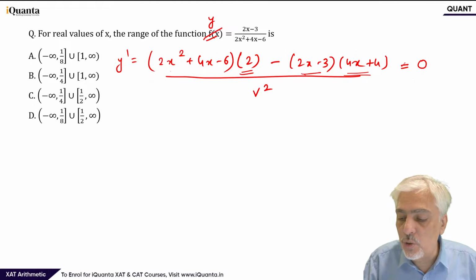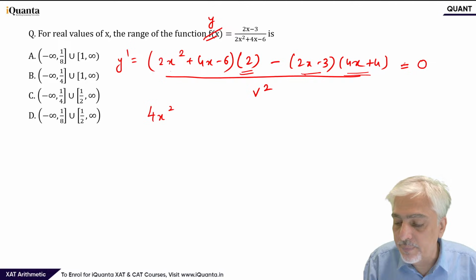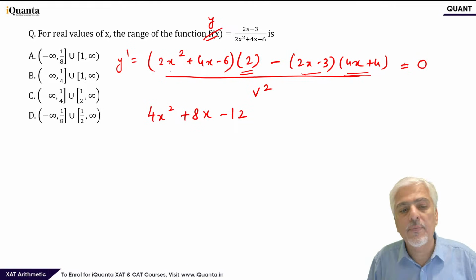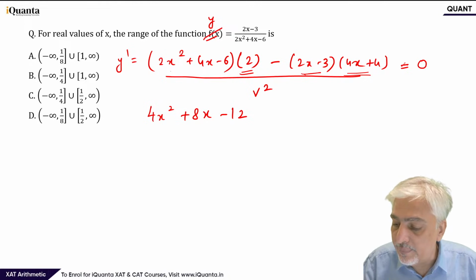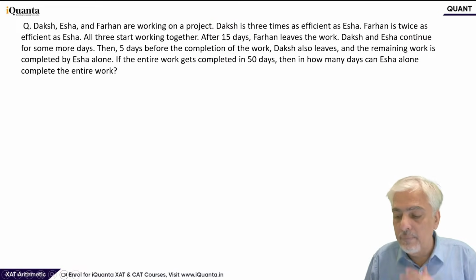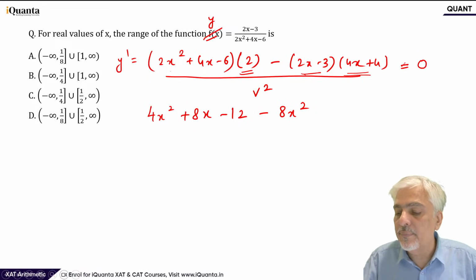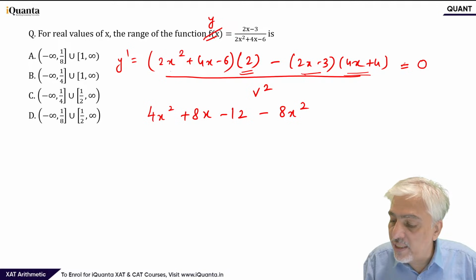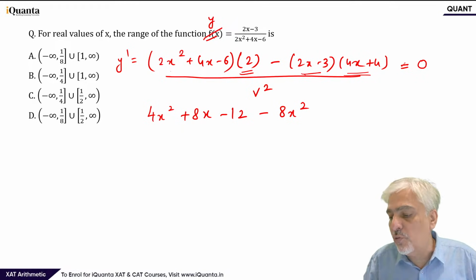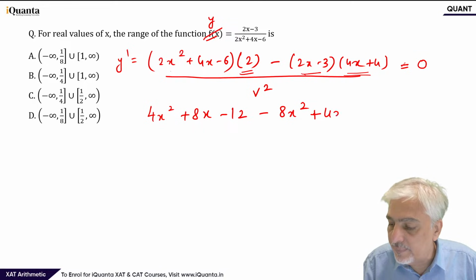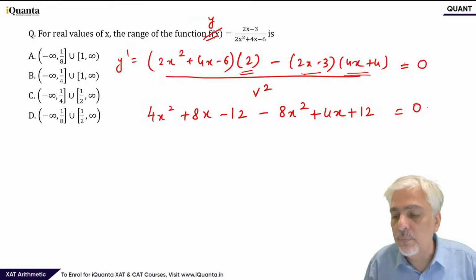So what will I get if I equate this to 0? I'll get 4x square plus 8x minus 12, minus 8x square. Let's check the other calculations. 8x minus 12x plus 8 minus 12 is minus 4, so it will become plus 4x minus 12 plus 12 is equal to 0.